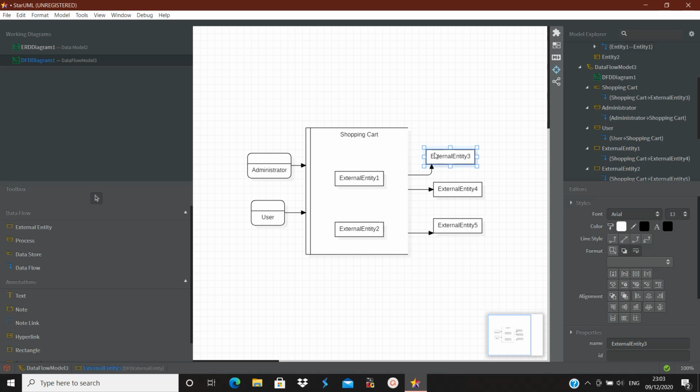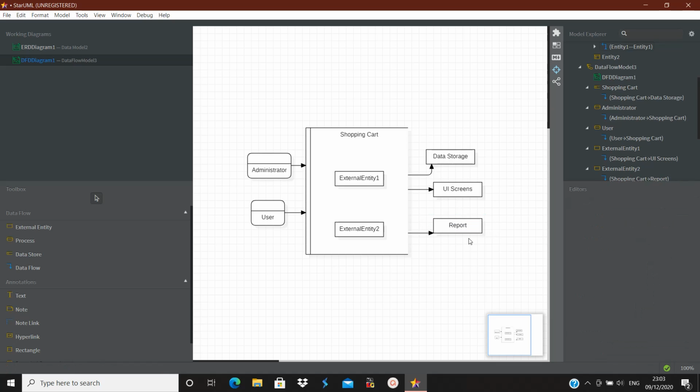Here we create three entities. The first entity I will name as data storage. The second entity I will name as UI screen, meaning user interface screen. And the third one is report.